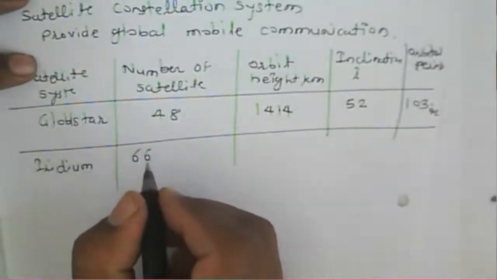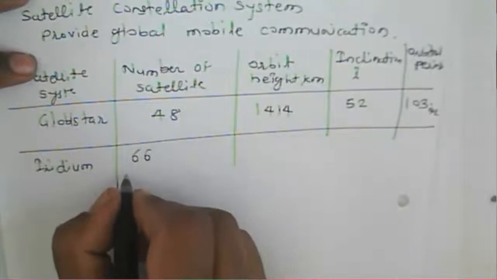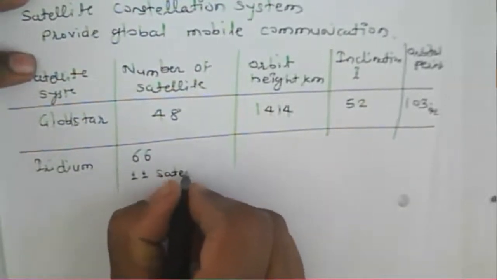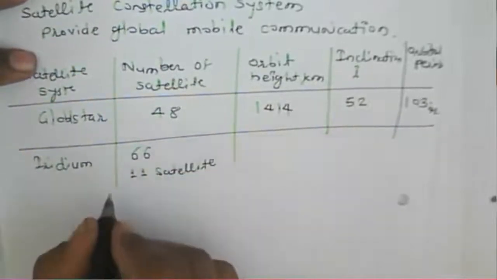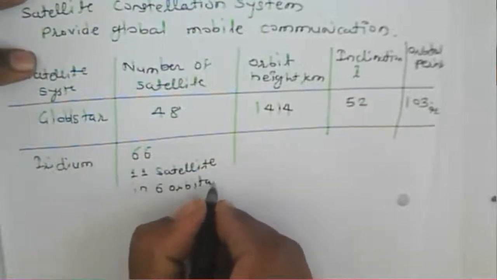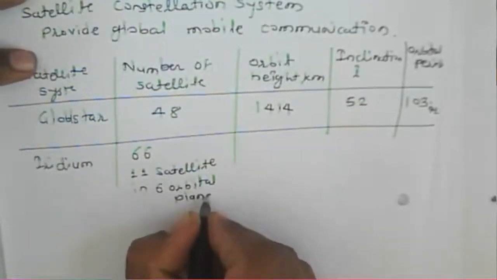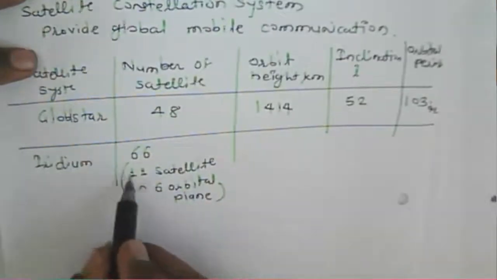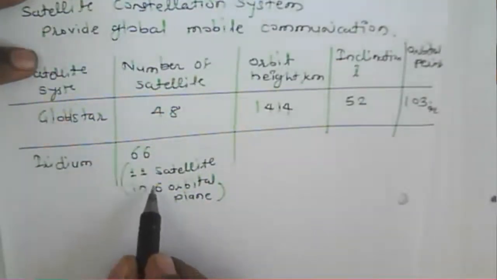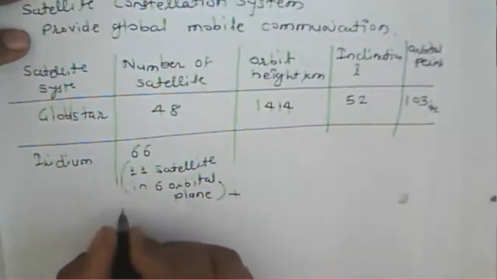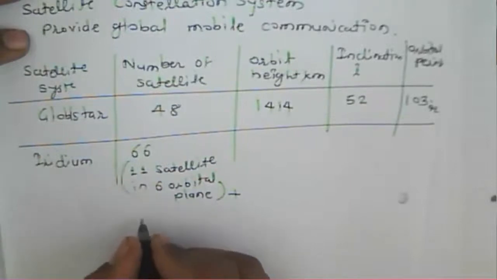And another satellite system, this one, the Iridium system, launched by Motorola, has 66 satellites. In those 66 satellites, 11 satellites are in each of 6 orbital planes. 11 satellites in 6 orbits means 11 times 6, 66.